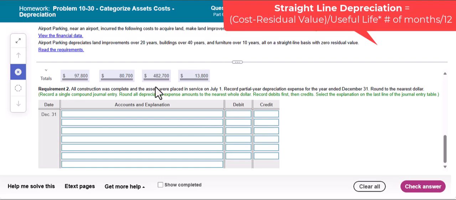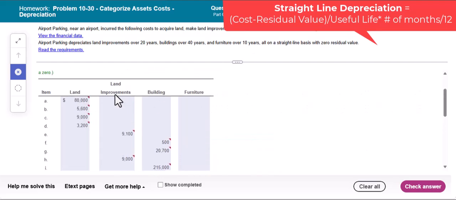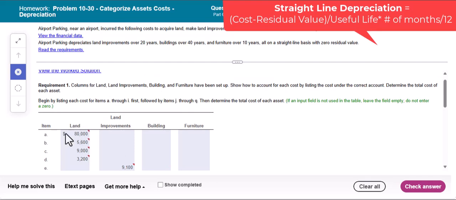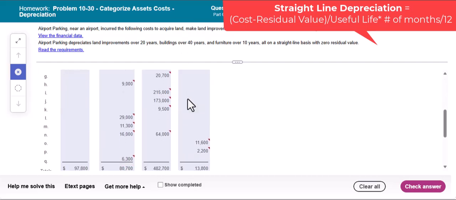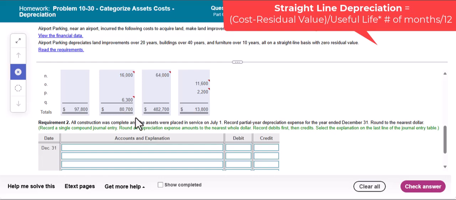So we're going to go ahead and do land improvements first, and we are skipping land because, again, we do not depreciate land because it will last forever. So for land improvements, we have a total of 80,700 for the cost. So let's go ahead and get our calculator open here.